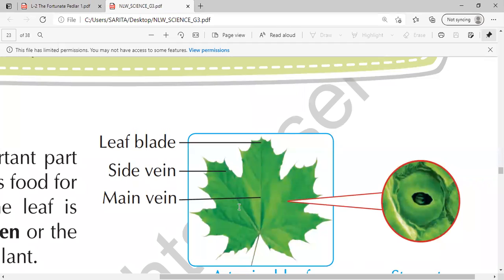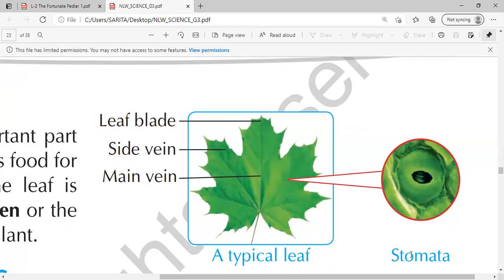The leaf has very small pores, small holes, in the leaf blade. They are called stomata. Look at this. This is a small hole, a small pore. This is a stoma.